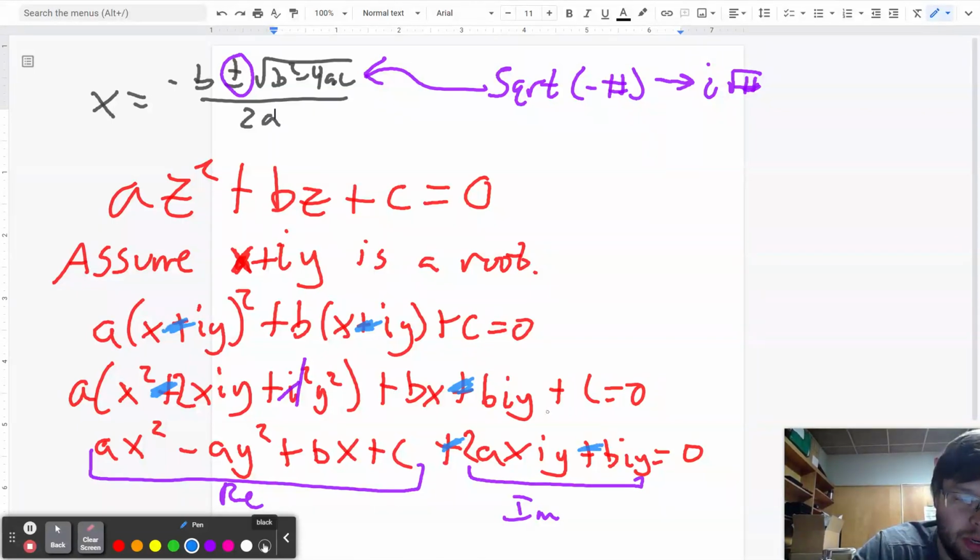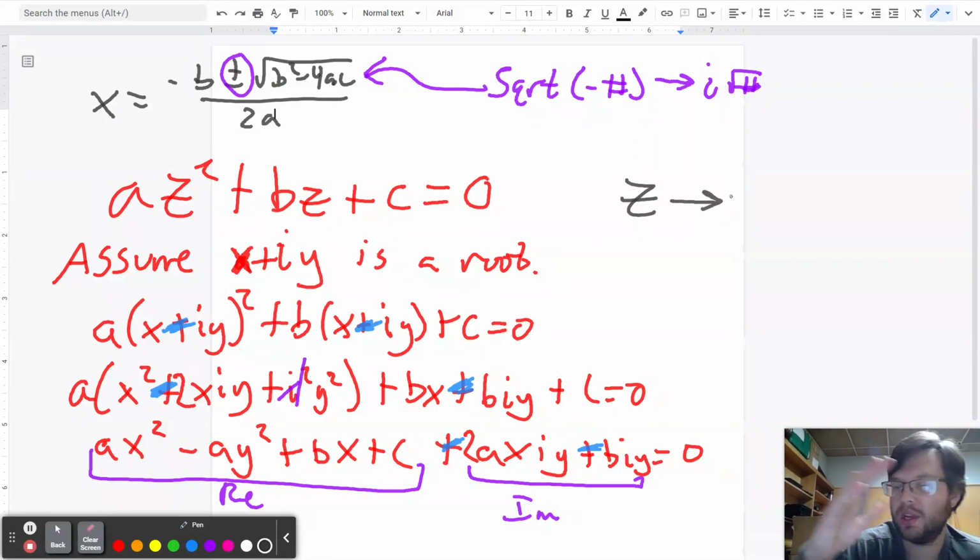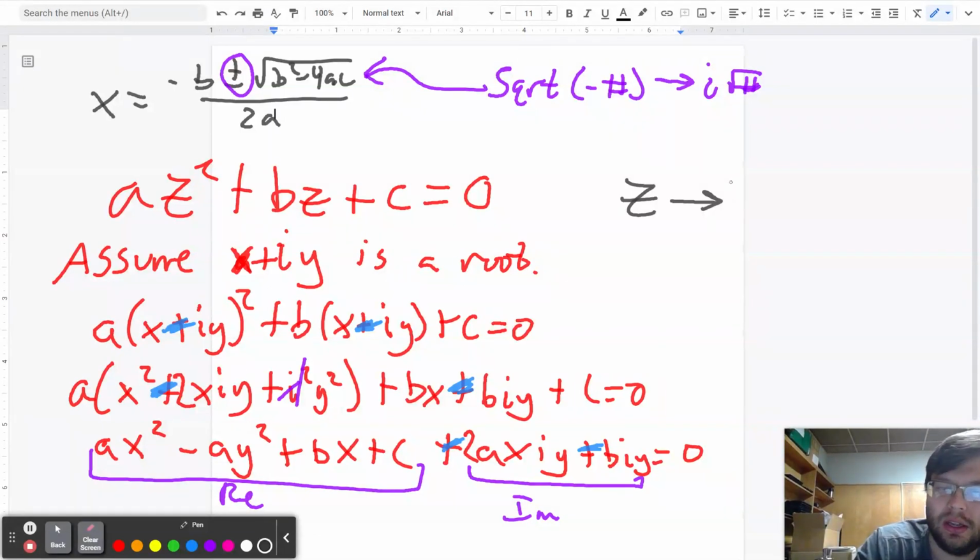So for our original number, when we plugged in z, that whole thing needed to equal 0. In other words, the real part equaled 0 and the imaginary part equaled 0.